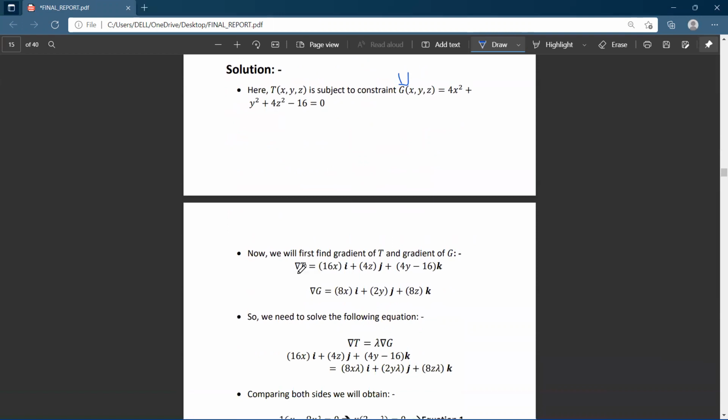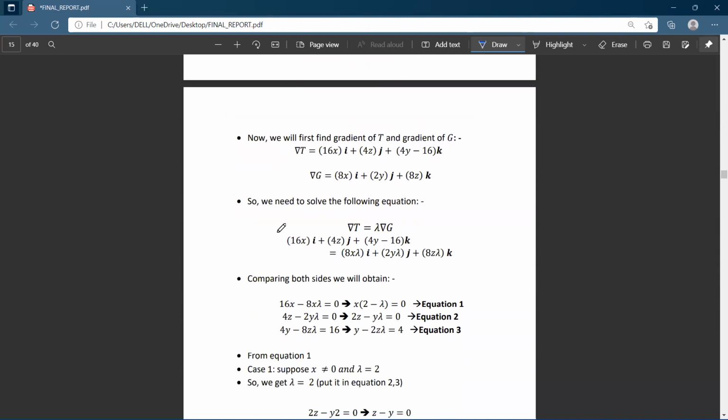So we will obtain these two equations. We need to solve gradient of T equal to lambda times gradient of G, which is 16x i cap plus 4z j cap plus 4y minus 16 k cap, equal to lambda times the gradient of G components.